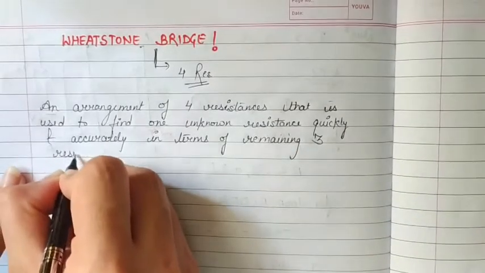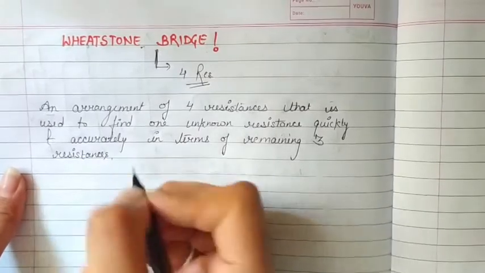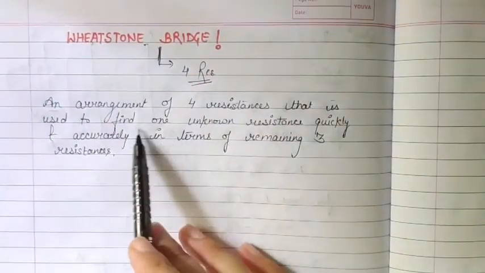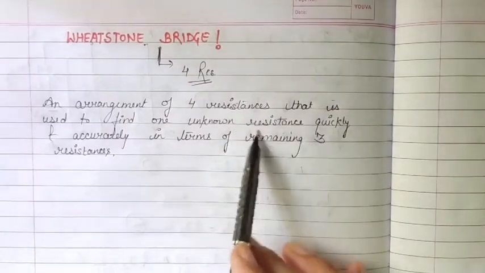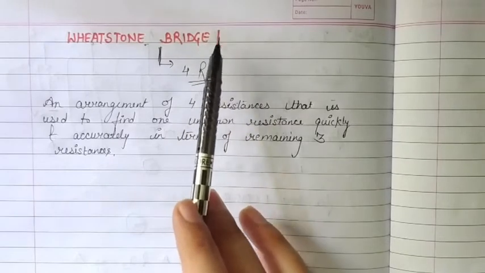Right, so what we are going to do in Wheatstone bridge, we are going to find the condition by which we can find that one unknown resistance in terms of the remaining three resistances used in a Wheatstone bridge.